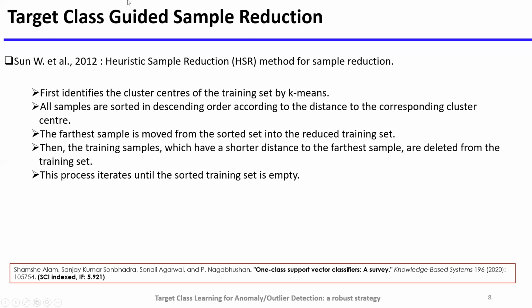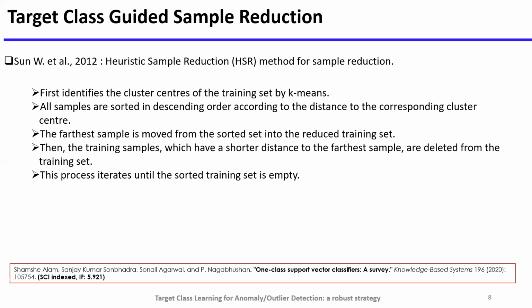Coming to the second strategy proposed to select the most promising samples concerning the target class, because it must be guided by the target class itself. The heuristic sample reduction method was proposed by Samitier. Basically, it first identifies the cluster centers of the training set by k-means. Then all samples are sorted in descending order according to distance to the corresponding cluster center.